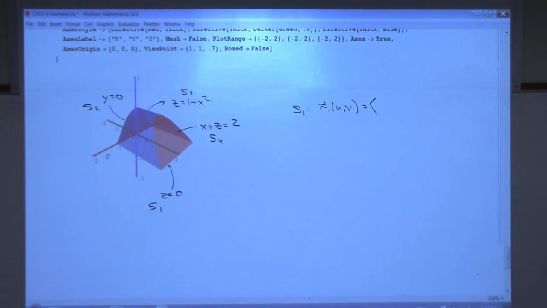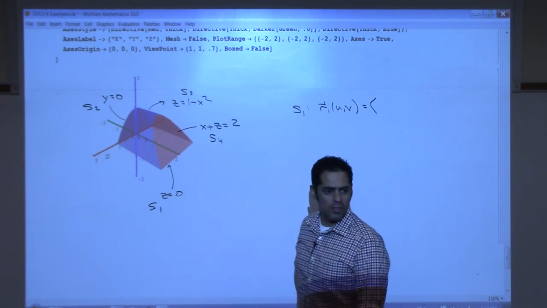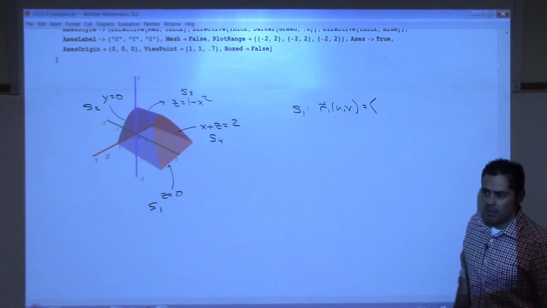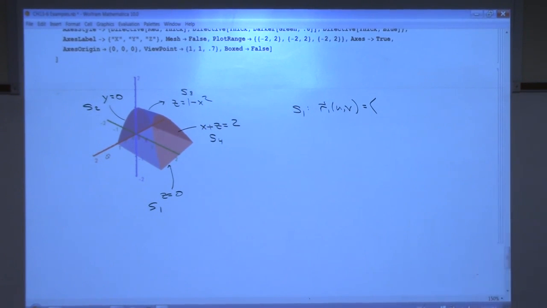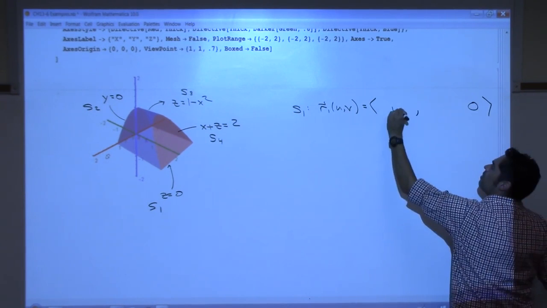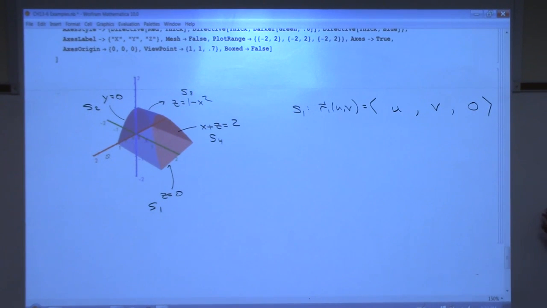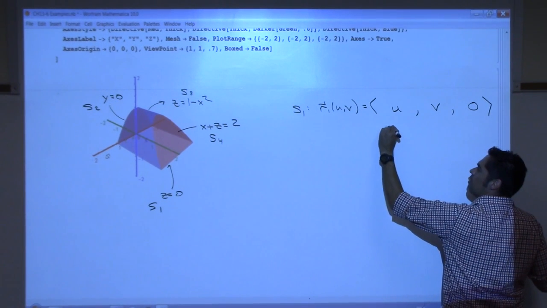That bottom piece is just a rectangle, right? That's as clean as you're ever going to get. What can you tell me about the z coordinate? It's 0, okay. And then how about I call the x coordinate u and the y coordinate v, and then just go between two constants, right? u's between what?